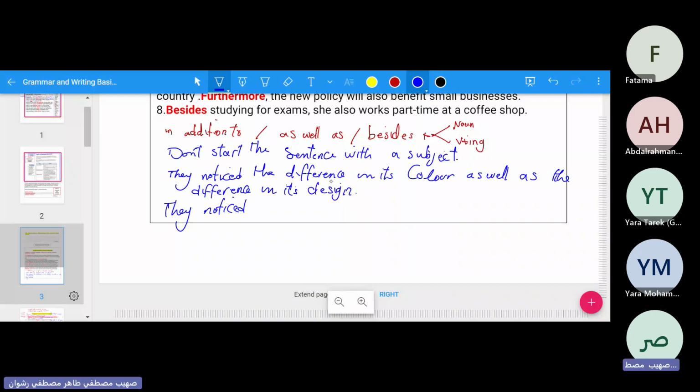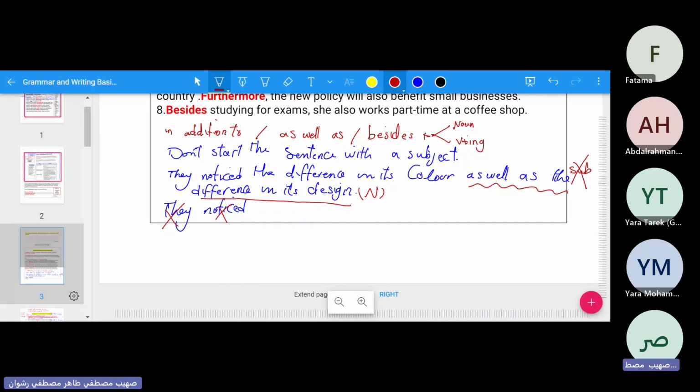Here is "as well as". Is there a subject here? No. The difference in its design, this is a noun. So "as well as" is followed by what, guys? By a noun, not a full sentence starting with the subject. So we have to delete "they" and delete "noticed".